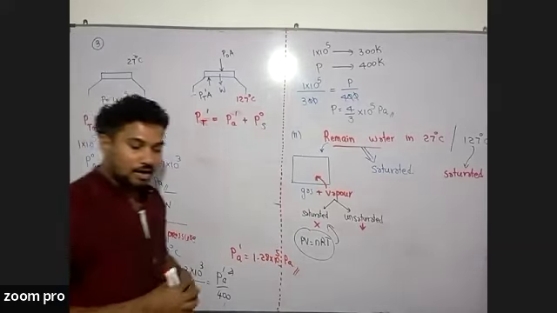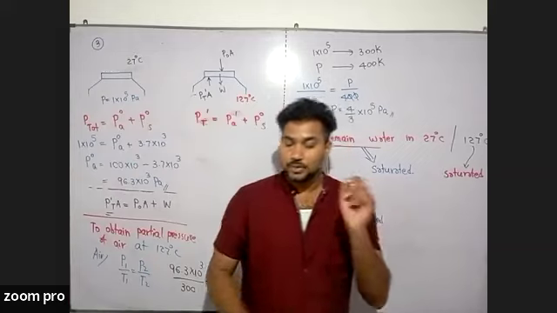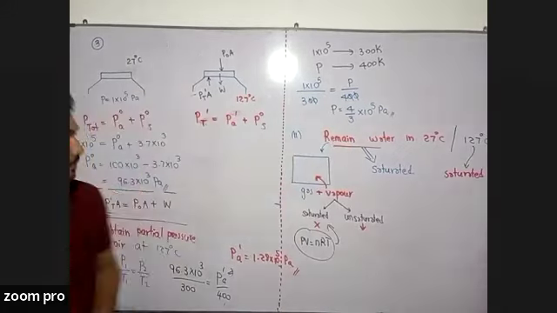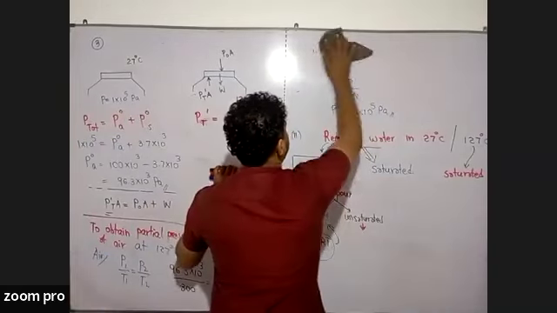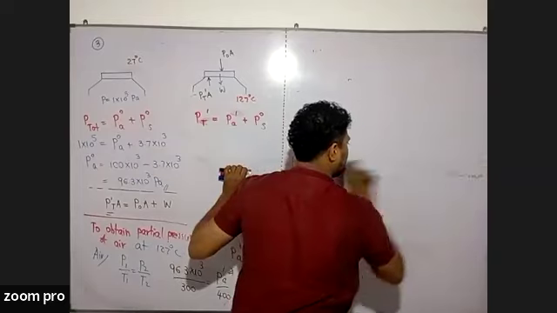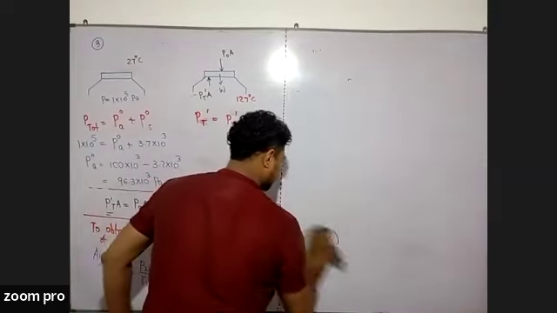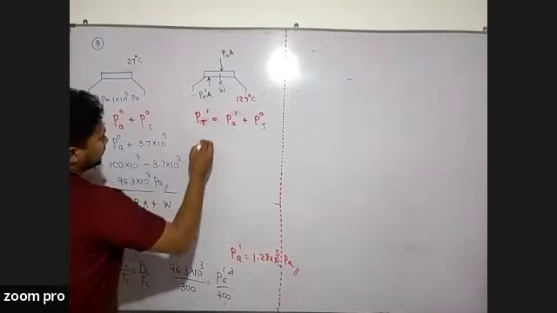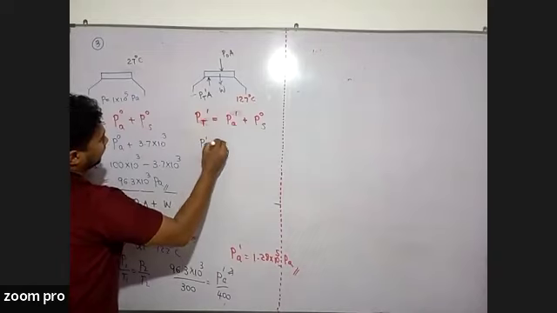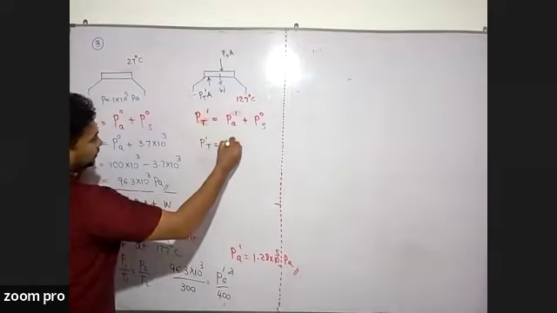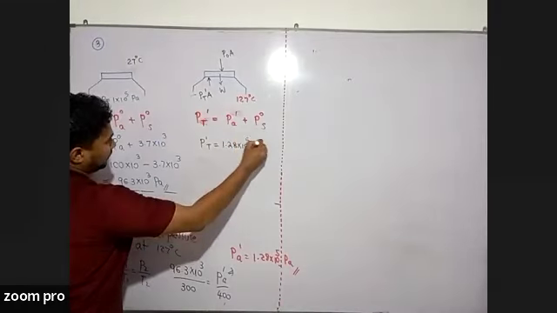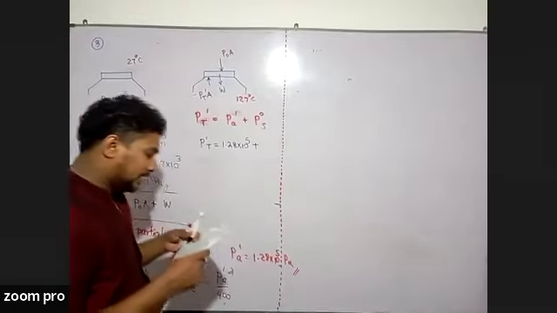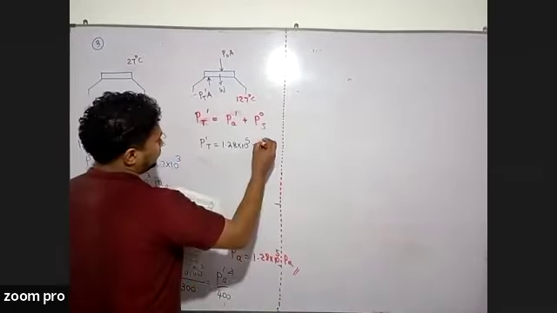So see how many theories we should have an idea about to solve these questions. That's what you need to obtain by doing these questions. So the total pressure at 127 should be equal to 1.28 into 10 to the power 5 plus the saturated pressure at 127 Celsius, that is 2.5 into 10 to the power 5.